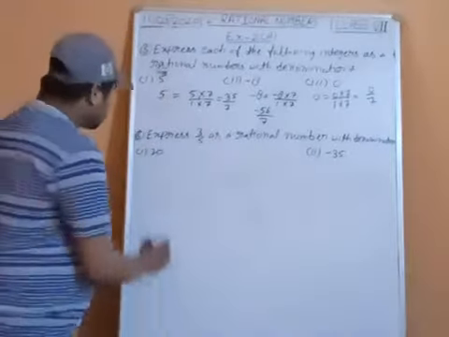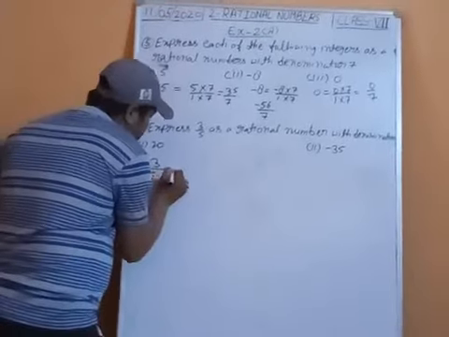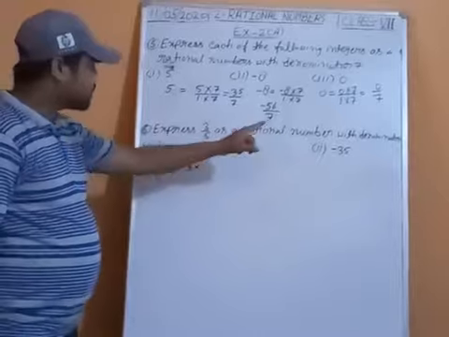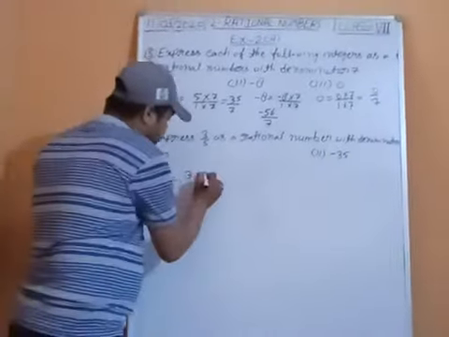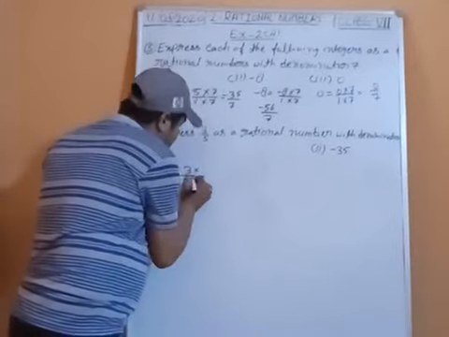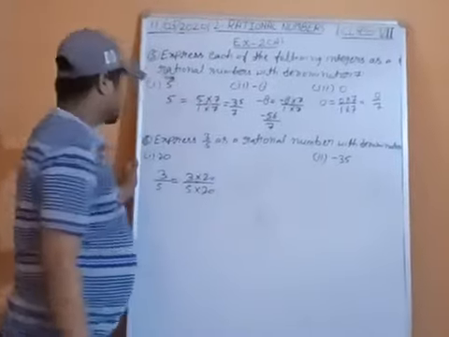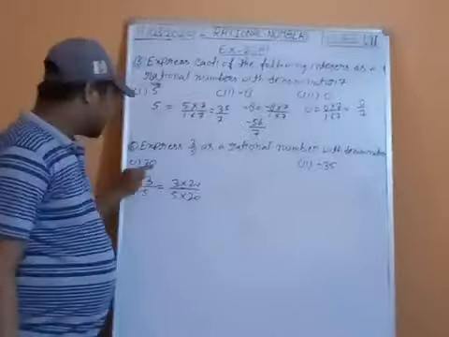So first we write 3 upon 5 is equal to 3 multiplied by 20 upon 5 multiplied by 20, to convert the denominator to 20.